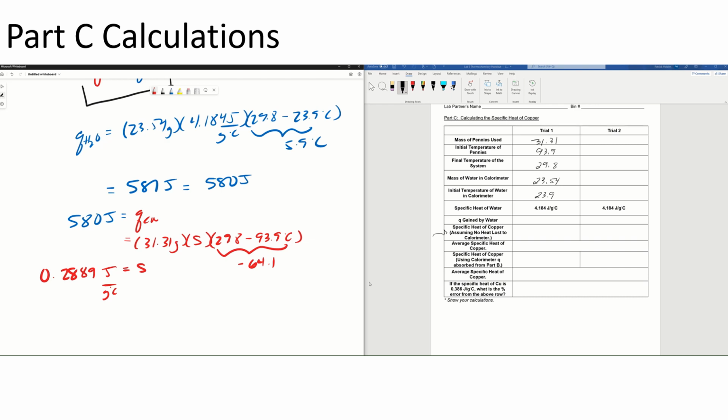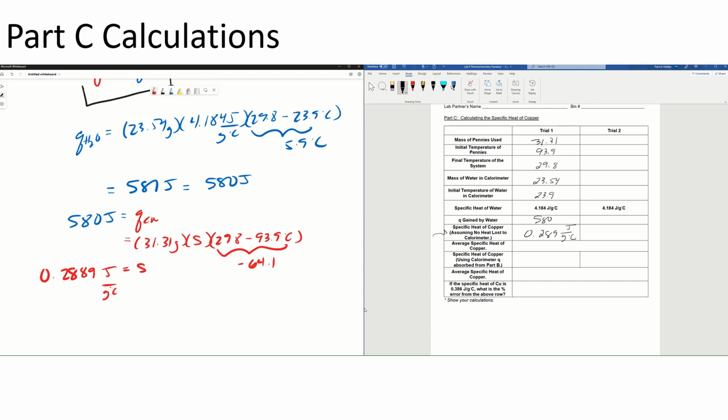All right, so that tells us that we had 580 here, and the specific heat of our copper is, we should have 3 sig figs, so 0.289 joules per gram degree Celsius. Okay? And you're going to do that, of course, for trial 2.